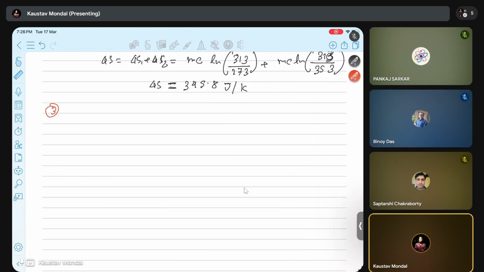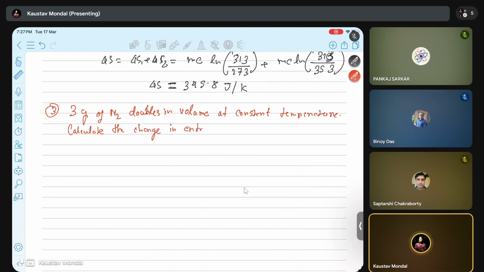Now, 3 gram of nitrogen doubles in volume at constant temperature. Calculate the change in entropy.